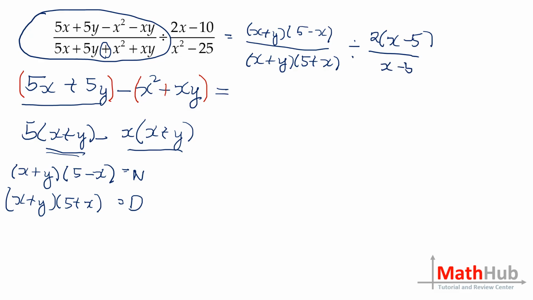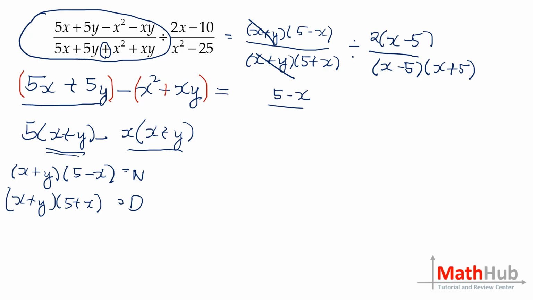For the denominator, we have a difference of two squares, x minus 5 times x plus 5. Now, for this one, I can already cancel my x plus y.